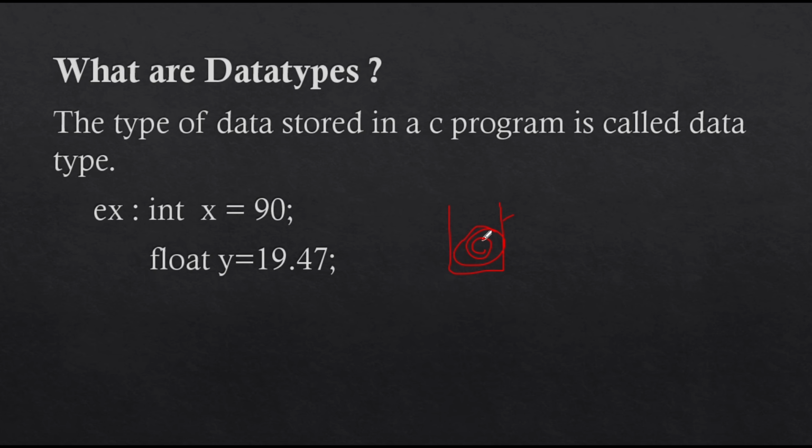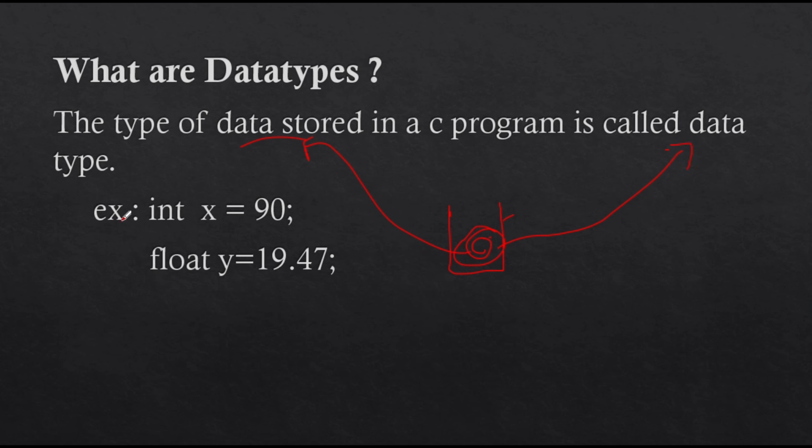I gave a definition for data type there: it's a type of data I am giving to that variable. My variable is storing a data, and the type of data is called the data type. As simple as that. The type of data I'm storing.